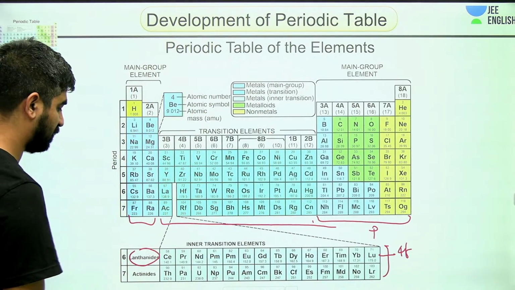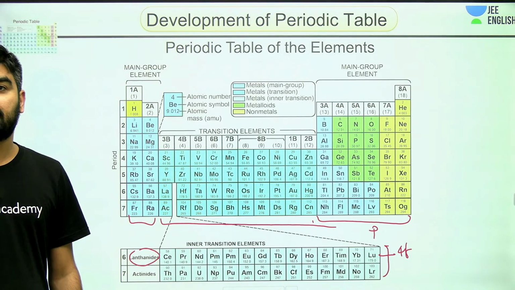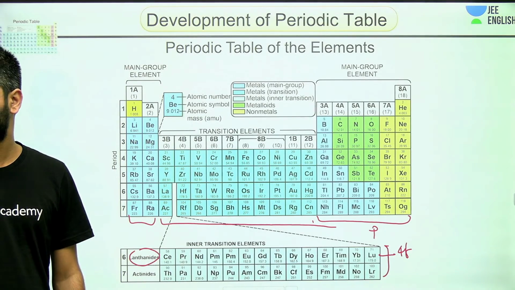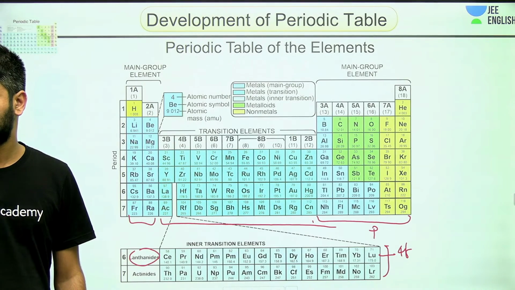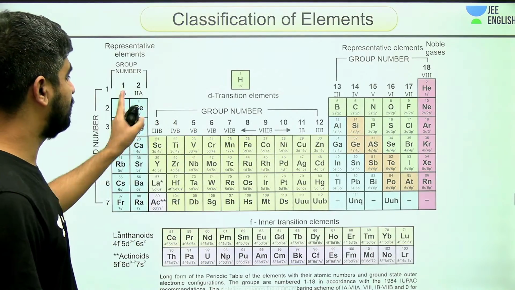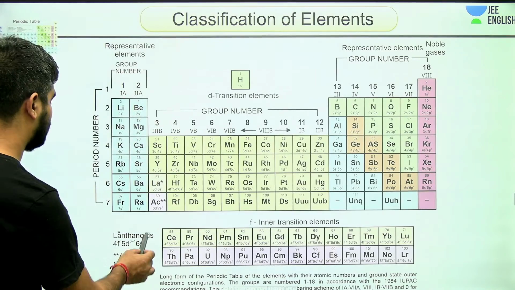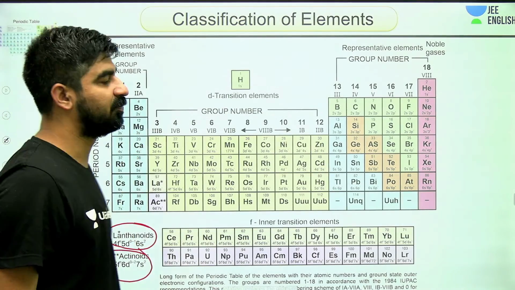Okay guys, so now you know what is 4F, what is 5F. Getting it, guys? Any doubt? No doubt. So after this, guys, let's talk about the classification. These are lanthanoids, these are actinoids, and this is the configuration, right?